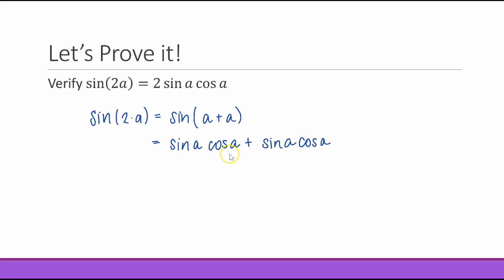So we have sine a times cosine a plus sine a times cosine a, which is a total of 2 copies of sine a times cosine a. So we proved the double angle identity for sine using the sum identity for sine.